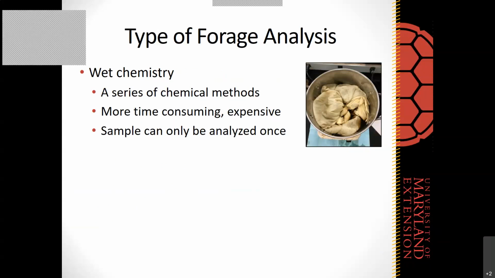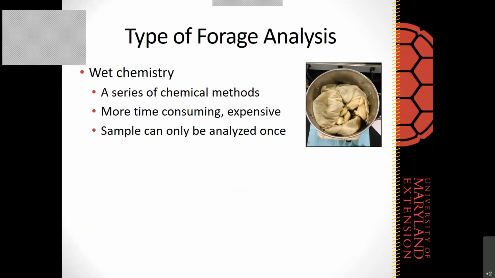This is really the gold standard of forage analysis. But because you have all of these different analyses going on, it's a lot more time consuming and a lot more expensive. And your sample can really only be analyzed once, because after it has gone through the process, you can't go backwards.